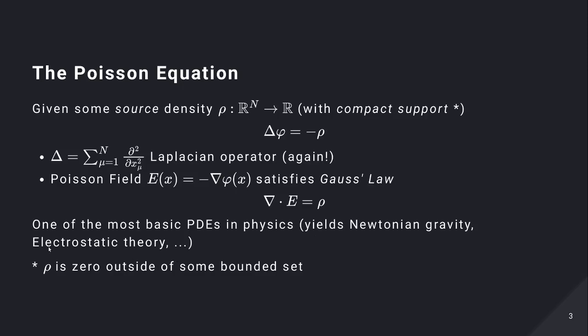So this equation produces a lot of basic physics, and in particular the paper takes inspiration from electrostatic theory, where we take our data distribution and interpret it as some kind of charge distribution on some plane, or at least some charge distribution in some space.